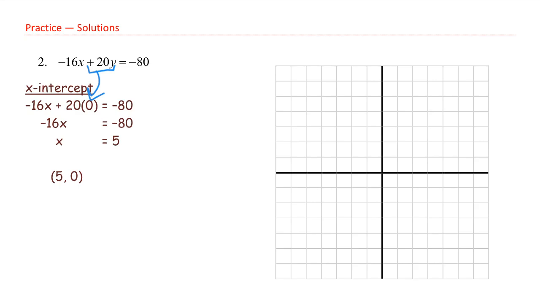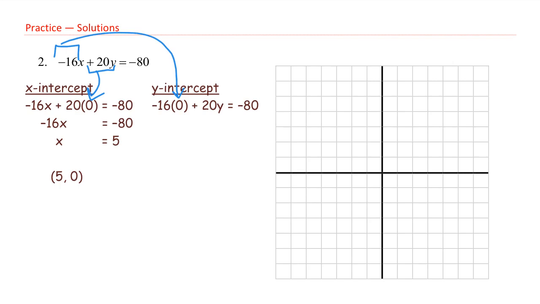Now that we've determined the x-intercept, let's go ahead and find the y-intercept algebraically. In order to find the y-intercept algebraically, we're going to replace x with 0. So instead of negative 16x plus 20y equals negative 80, we're going to write negative 16 times 0 plus 20y equals negative 80.